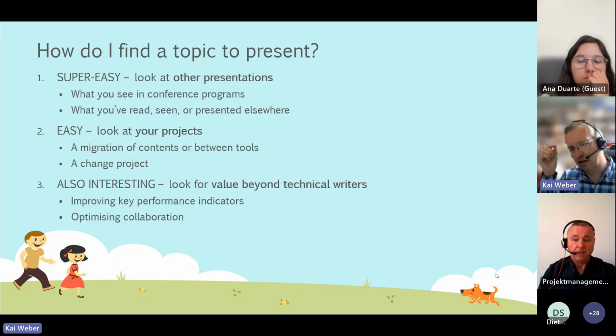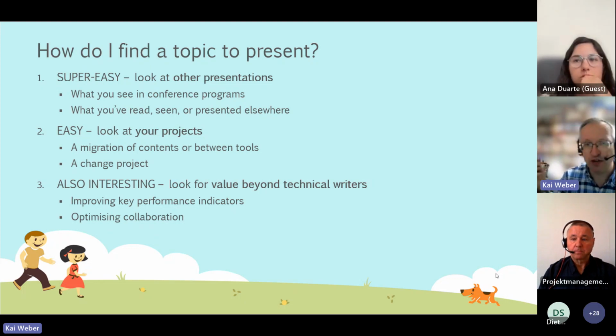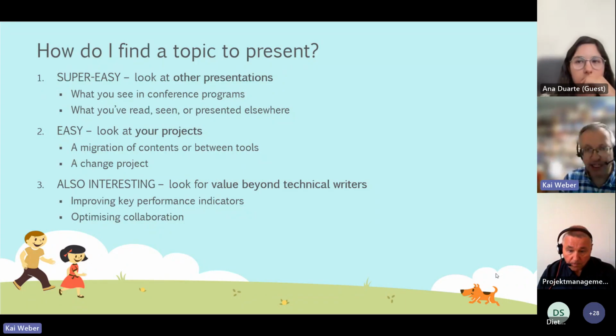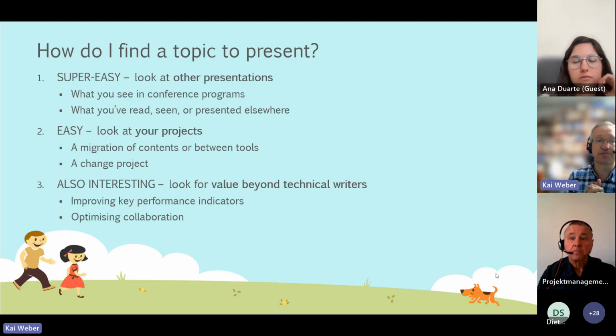You have to think a little harder. Okay, well, what does impress a manager outside of technical writers? And that could be, for example, stuff how you improve key performance indicators of the documentation, how you optimize the collaboration, how you make life easier on customer support, how you can have self-help tickets where you have less efforts in customer support or stuff like that.